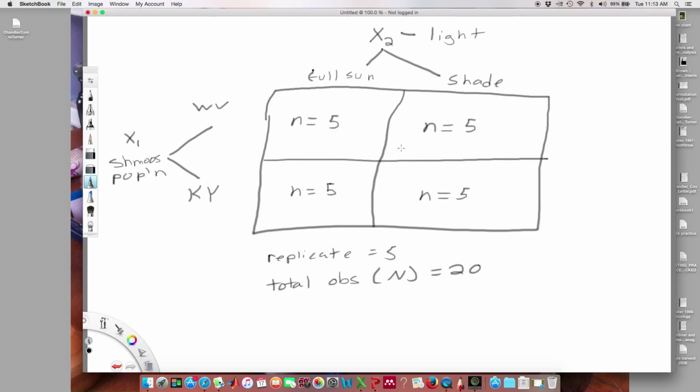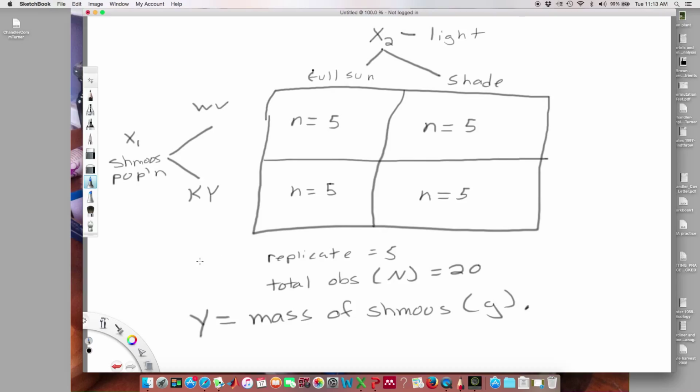Our dependent variable, we don't draw on this figure. We just know it based on the question we asked. So our dependent variable, which was y, was mass of shmoos, and we'll say in grams.